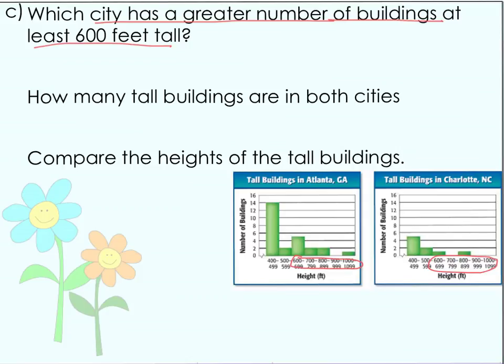If you were to actually look at the numbers, I found that Atlanta had 10 tall buildings that fell in there, and Charlotte only had 2. So you could look at the numbers as well, but I think you guys are all pretty smart kids, and you can look at the graphs and look at the bars and be able to compare them. So for this one, it's Atlanta.